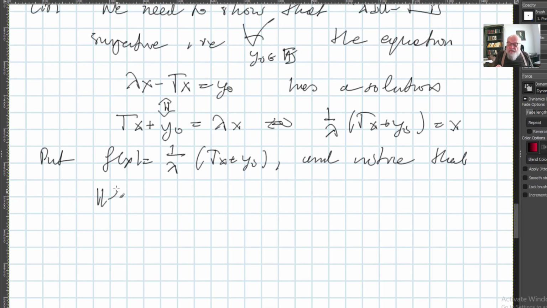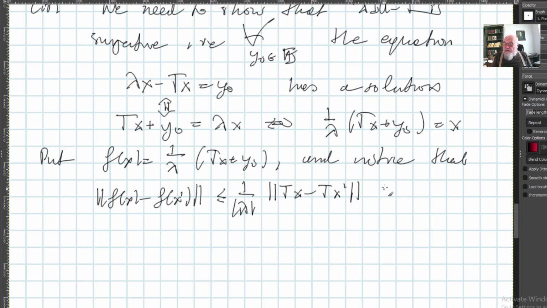and here we have f of x minus f of x prime is smaller or equal, and this is easy to notice, 1 over lambda absolute value, and here we have T of x minus T of x prime, which is smaller or equal to the norm of T divided by lambda, times x minus x prime.